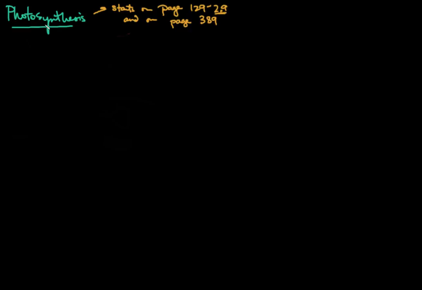And so really what you need to be able to do is define what this term, photosynthesis, means. And really, it is an enzymatically controlled process in which carbon compounds are made using light energy. Okay, so let me write that out for you.